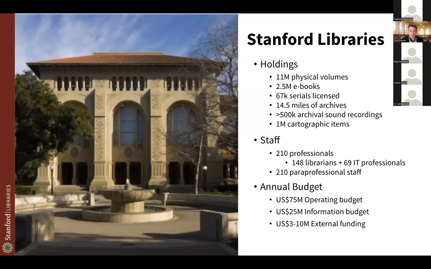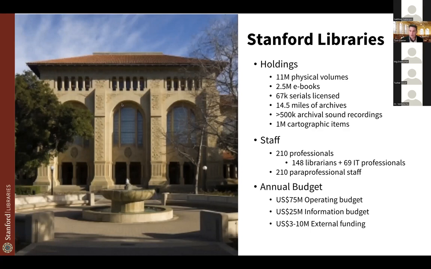Half of those are professional staff, so both librarians and IT professionals. And you'll note that IT professionals represent about 1/3 of the professional staff overall. We also have numerous paraprofessional staff who are engaged in things like technical services processing, access services, and the essential tasks of operating the library and moving materials.